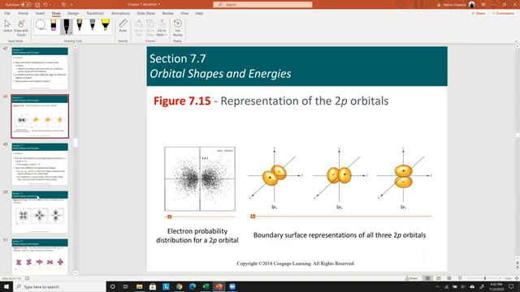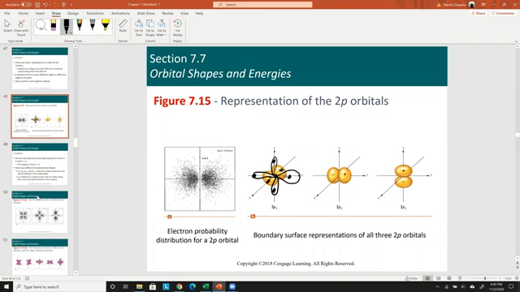It has 6 lobes. Each one of those lobes would occupy 1 electron, or 1 electron would occupy each one of those lobes. So you have 6. There'd be an electron here, an electron on the z-axis, bottom z-axis, plus y, minus y, for a total of 6 electrons, like that. So if we drew all of these pictures on top of each other, it would look like this.